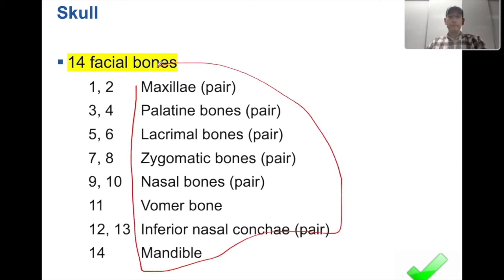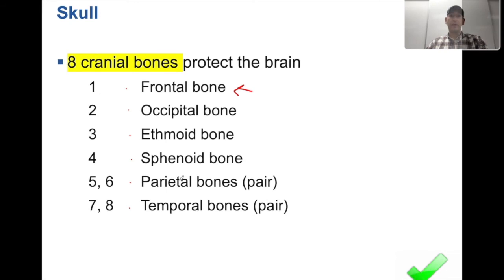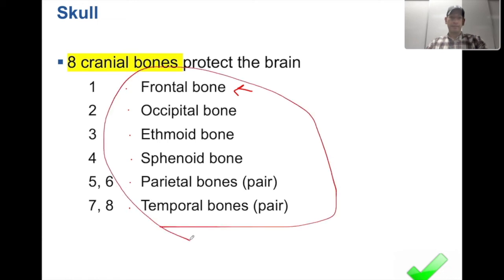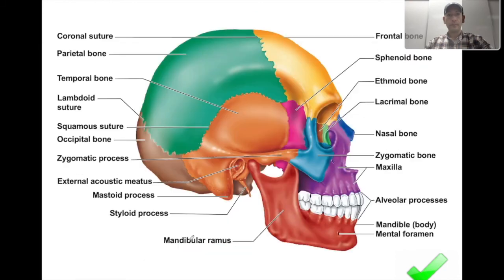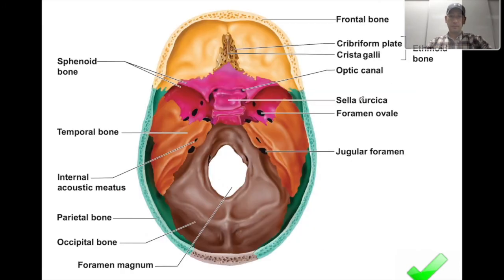So if you see on a lecture exam question, for example, any of these that you don't really recognize, it's most likely going to be a facial bone. Whereas we will go through the frontal bone, occipital bone. These are the bones of the cranium. So just be aware that there's facial bones, and then you have cranial bones. So you see here, these are the cranial bones, but these here are the facial bones.